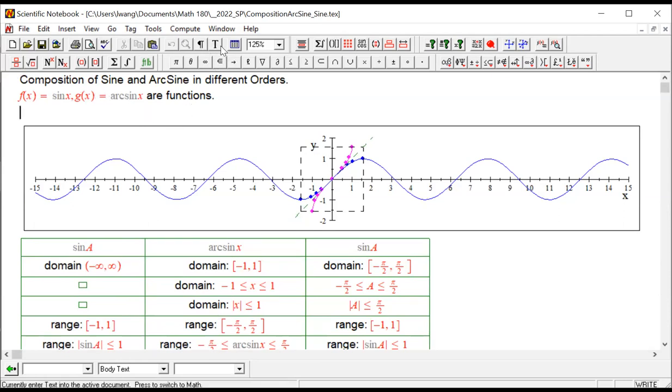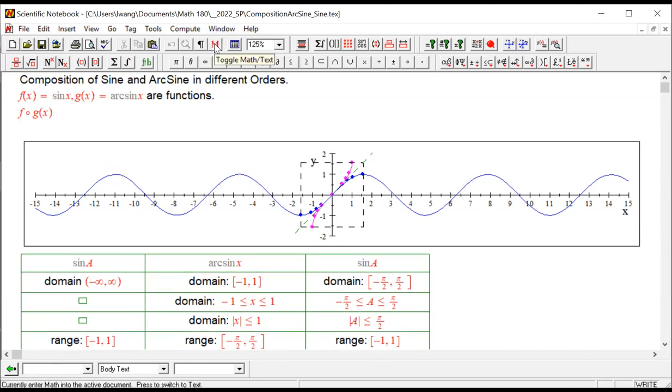For example, we can compose F composite G, or G composite F. F composite G will be F of G of X, and in this other case, it's G of F of X. We know those definitions.